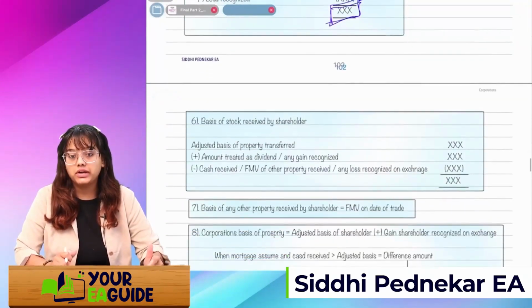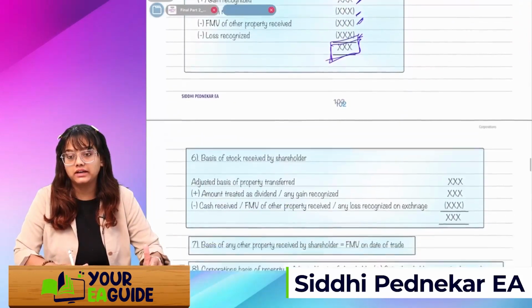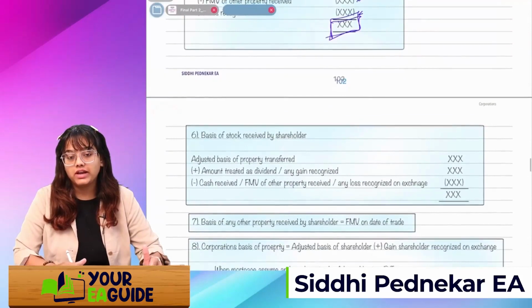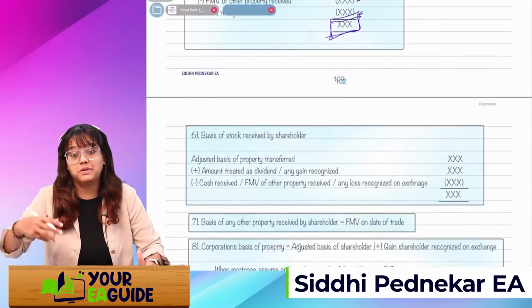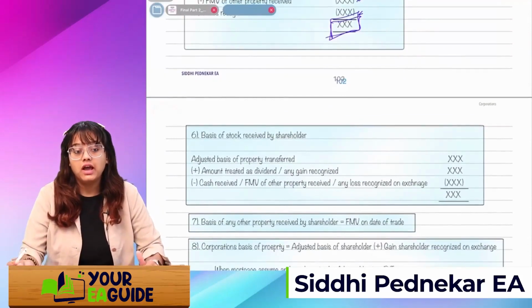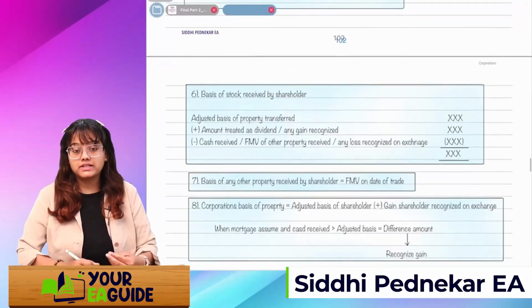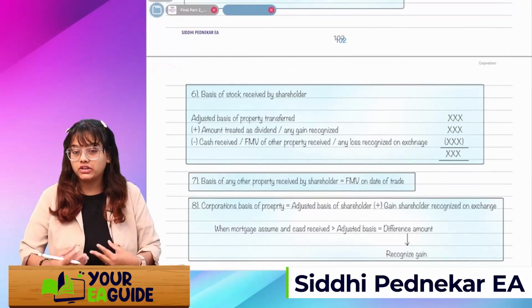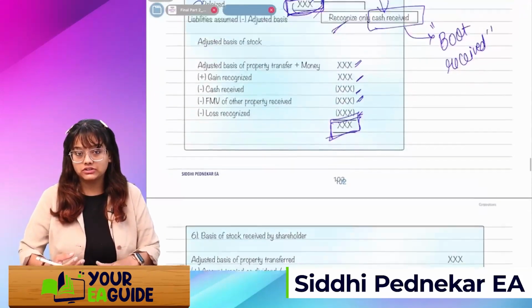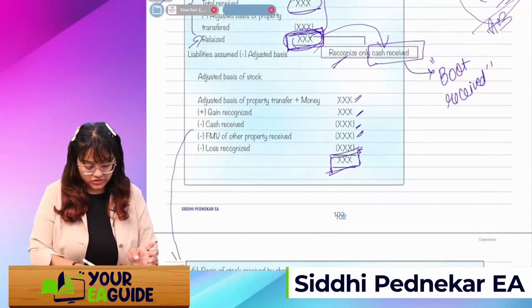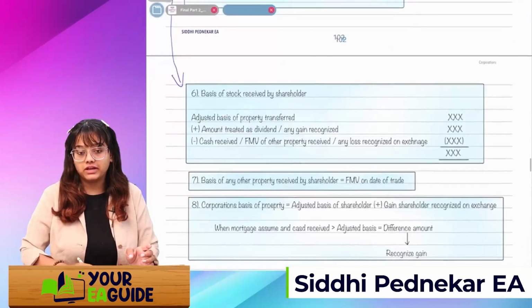Then add the amount treated as a dividend or any gain recognized. If I am recognizing a gain, I'll just add it, or if any other amount is treated by the corporation as a dividend, I'll add it. Then I'll reduce whatever is the cash received, the FMV of any other property received, or any loss recognized. So this is the simplest version of this. These both are the same in fact.